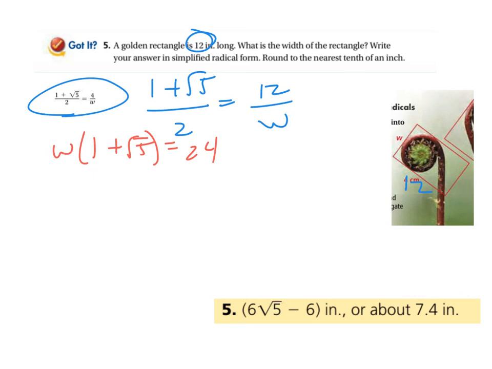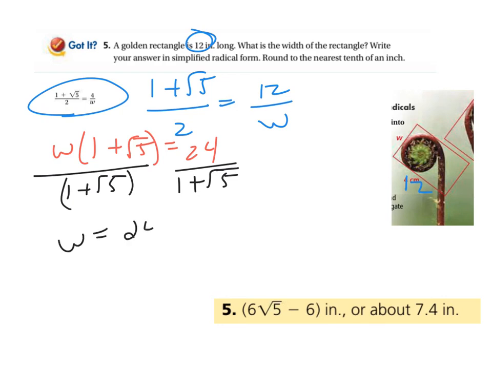We're going to want to go ahead and then divide off that 1 plus square root of 5 from both sides. So that's going to mean W is 24 over 1 plus the square root of 5. Obviously, in order to solve that, I'm going to have to go ahead and use the conjugate. So we're going to multiply this by, again, a well-chosen 1. So I don't have to multiply the other side by it because I'm multiplying by technically 1.